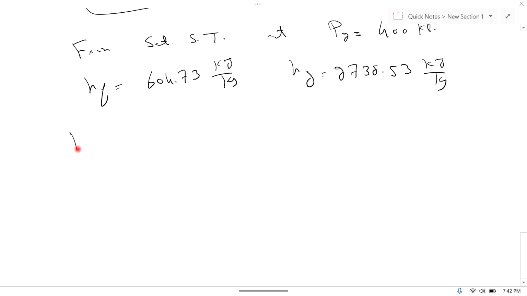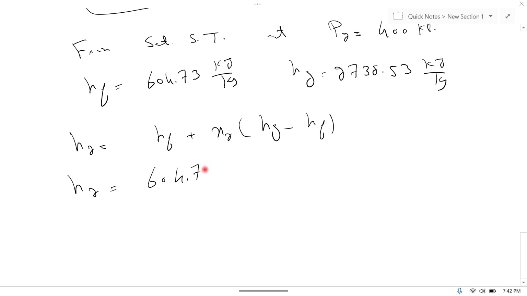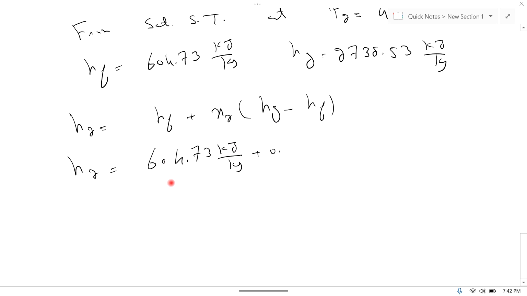Now we can find H2. H2 is equal to Hf plus X2 into Hg minus Hf. So H2 is equal to 604.73 kilojoule per kg plus 0.4988 into 2738.53 minus 604.73 kilojoule per kg.